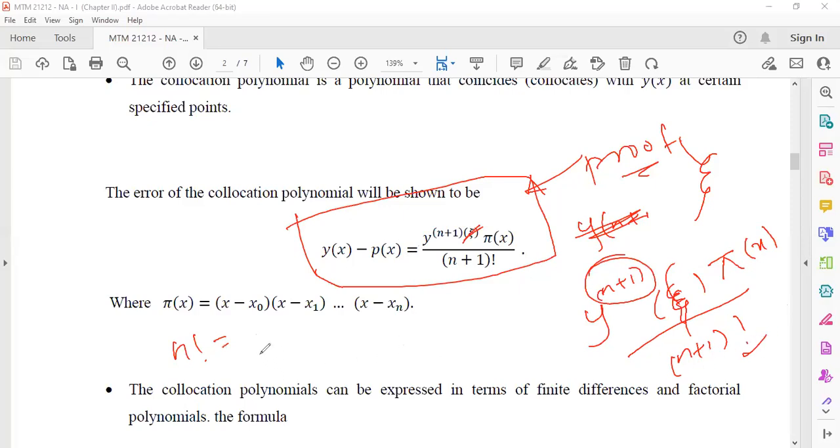So what is n factorial? Can you give the answer?